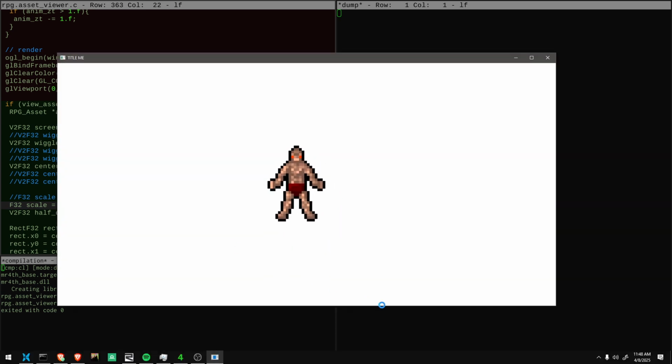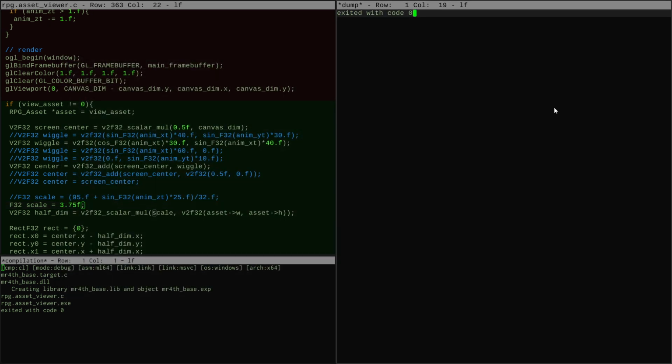There we go. So hopefully that helped, but at least I can vary. He's constantly moving up and down. Clearly left to right edges are fine, but the bottom edge is funky. Okay, good.